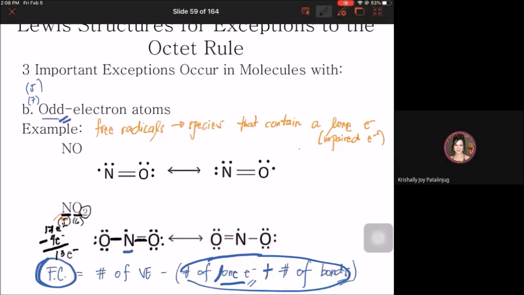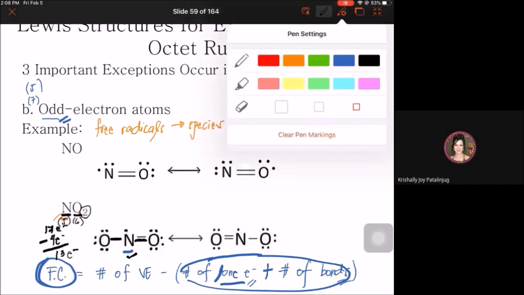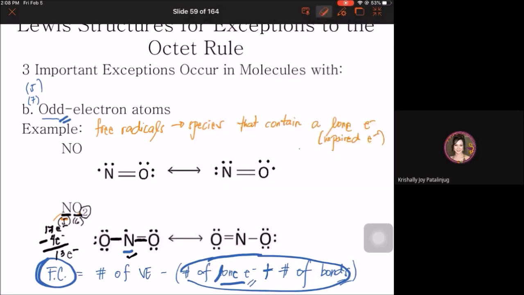Ngayon, di ba, kapag ang central atom or yung adjacent atom, hindi niya na-attain yung octet, yung ginagawa natin, yung practice is apply the fifth step. Okay, kaya yung nangyari dito is from the surrounding atom na may lone pair, i-convert niya yon into a bonding pair. Kaya ganyan yung naging structure ng una.